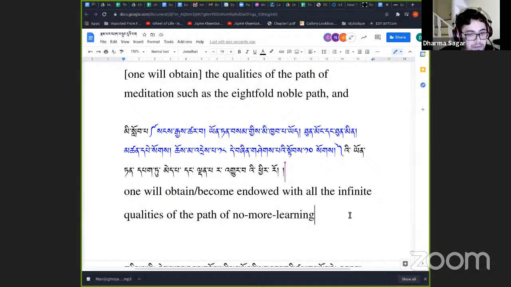And the reason why we have this is because we have an opposition. So the path of learning and the path of no more learning. The path of learning is everything that comes before. And then when you don't have to learn anything or practice anything, then this is the path of no more learning, where you don't need to improve anything more. So basically, like Campbell was saying, no more learning means that you are fully enlightened already.